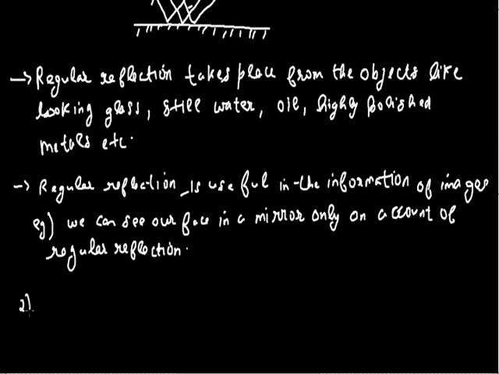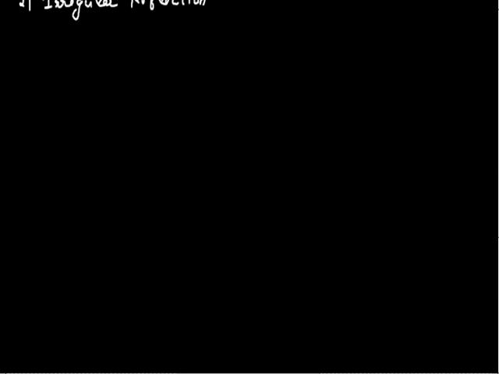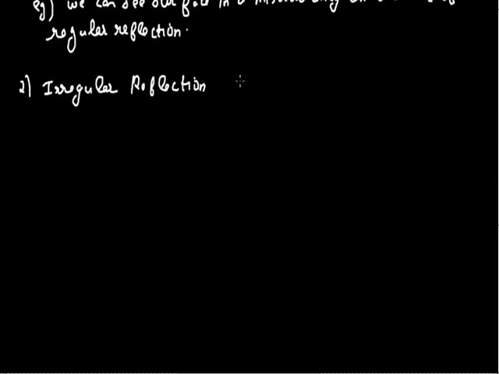Now let's talk about irregular reflection. Irregular reflection is also called diffused reflection.